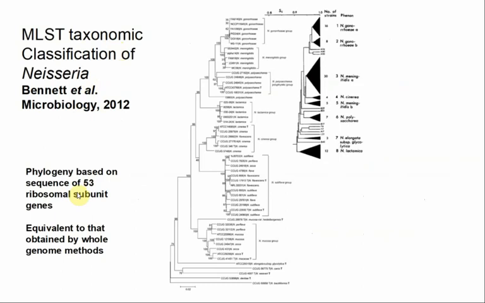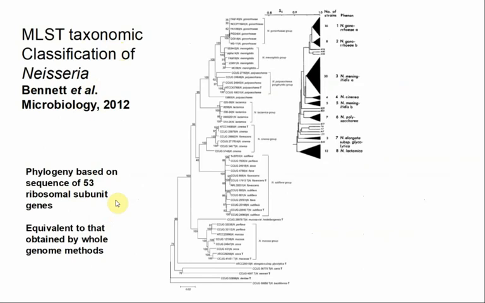So this is multiple locus sequence typing, that's MLST. You don't just sequence one gene, you sequence several genes, and you put them all together and you get the overall similarity. So that's based on the sequence of 53 different genes here.